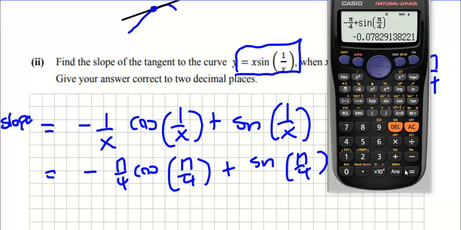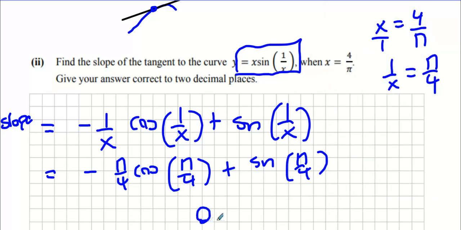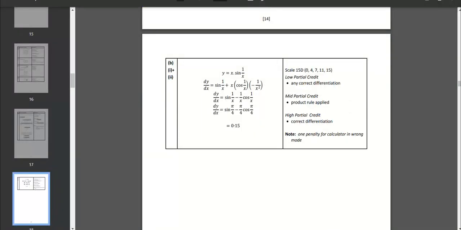We got minus 0.08. Oh, I forgot cos, didn't I? Yeah, sorry about that. You got 0.15. And let's get 0.15. Answer's 0.15, and that was a 15-mark question, the two parts combined.